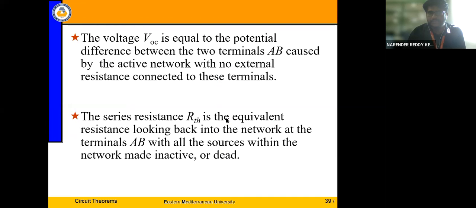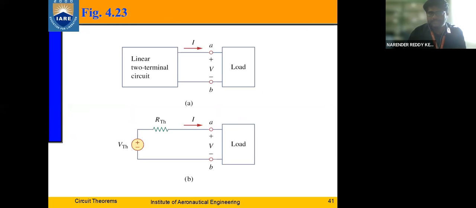So let me give a quick example, right? Suppose I have a complex network here, a two-terminal circuit. I have some circuit which is very complex.